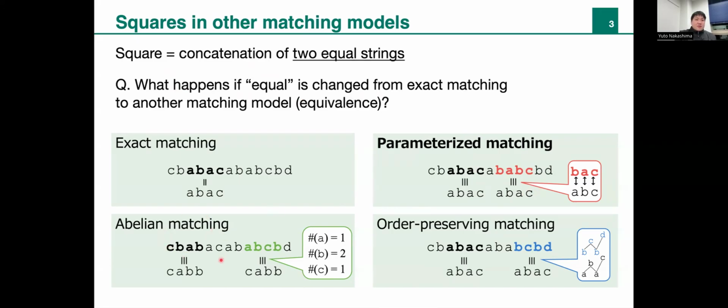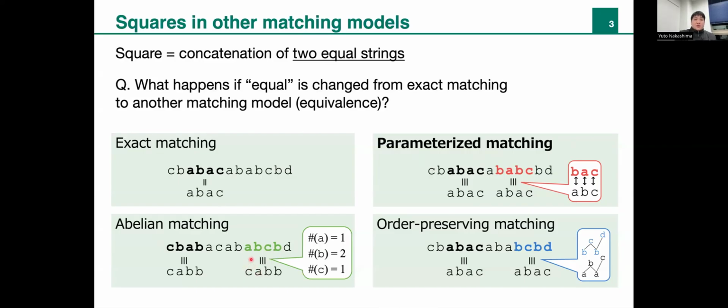In Abelian matching, two strings of the same length are Abelian equivalent if the number of occurrences of each character is the same.